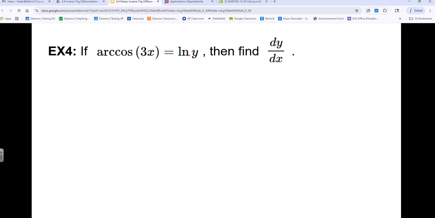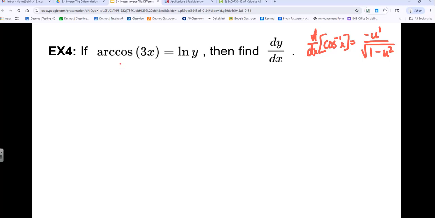So for arc cosine of 3x. Arc cosine, that's the one that's almost like sine, right? It's just negative, I believe. So let's see if I got this one. If we're taking the derivative of the inverse cosine, we should get negative u prime over the square root of 1 minus u squared. Is that right? Okay.